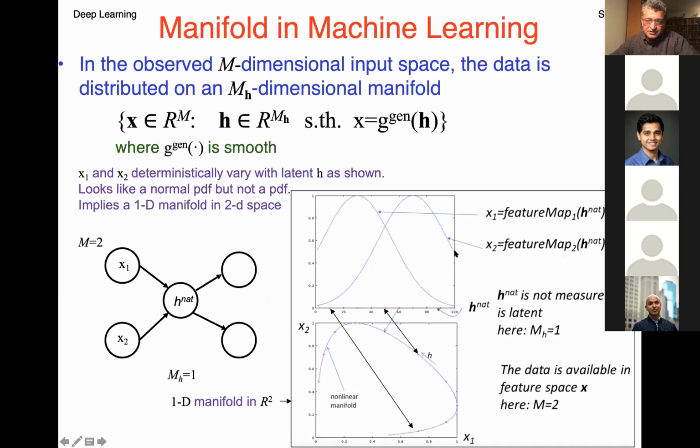So we have this relationship between x1, x2, and h as to how they behave. As h increases from a low value, from 0, x1 first increases quickly and then starts going down. And then x2 starts going up and then x2 starts coming down. So that's the relationship between h and x1 and x2.